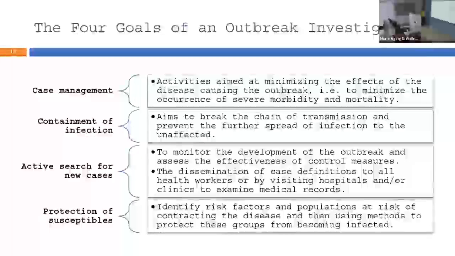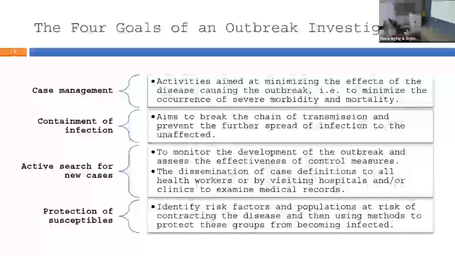For containment of the infection, we have to break the chain of transmission using infection prevention control mechanisms, or if it is, say, a vector-borne illness like dengue, we try to do fogging, educate persons about destroying mosquito breeding sites so that it doesn't continue to propagate.